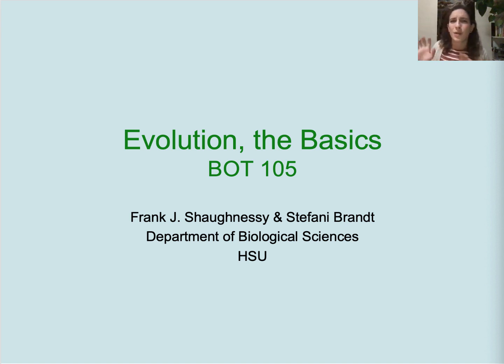Instead of having those all separate and as random pieces of information, we want you to bring it together, and evolution is what does that. Thinking about these characters like roots as adaptations, what is their function, will help you better understand the form, and let's get started.